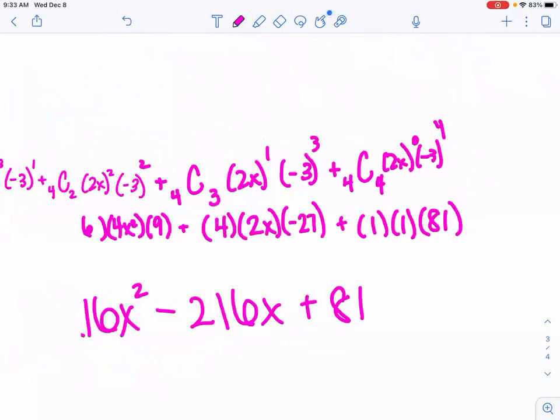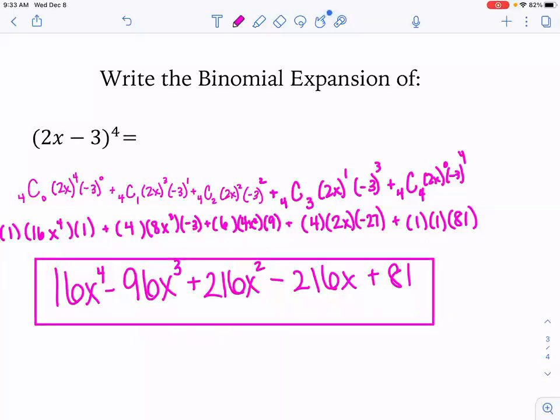We took a binomial to the fourth power and didn't even have to FOIL. I think that's pretty awesome. Now, the time that it took us up here, I don't know how much time we saved because we had to talk through everything. And yes, you're going to have to put some things in your calculator.